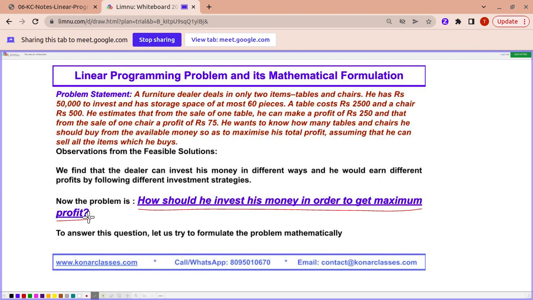That is the most important question here. I repeat, how should the furniture dealer invest his money of rupees 50,000 in order to get maximum profit? To answer this question we need to formulate this problem mathematically. Let us see how to formulate this problem mathematically, and that I am going to discuss in the next slide.